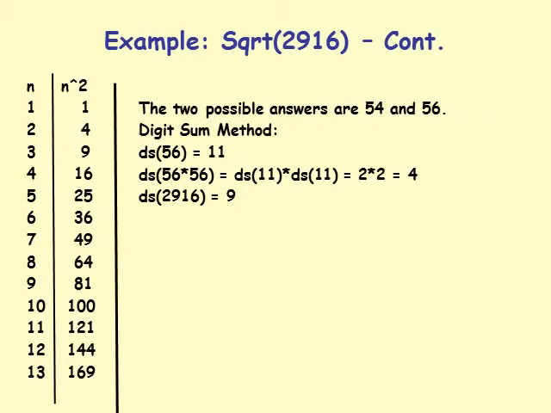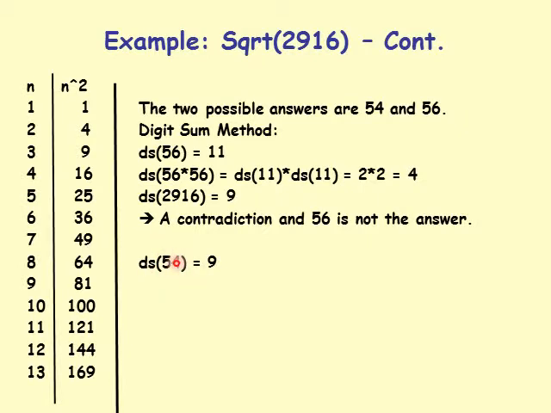And the digit sum of 2916 is 9. So there is a contradiction. They do not match. This digit sum is not confirmed, so that is my wrong option. Let's consider the other one.